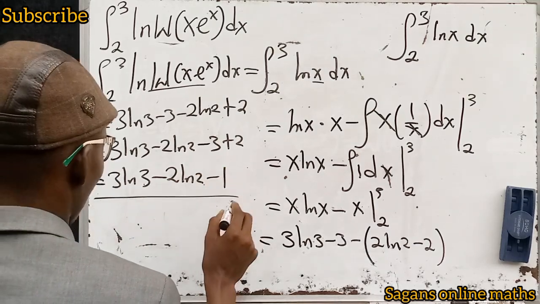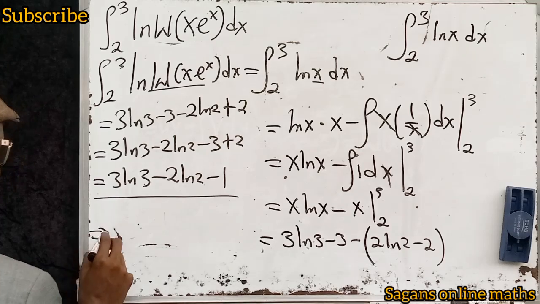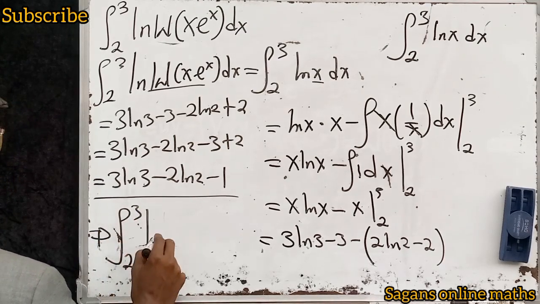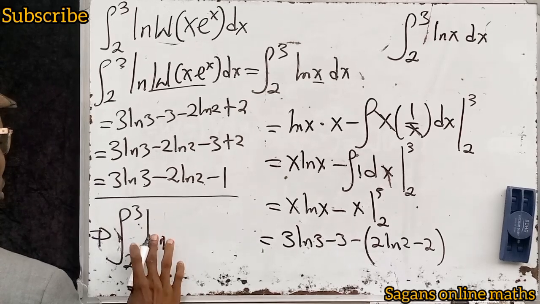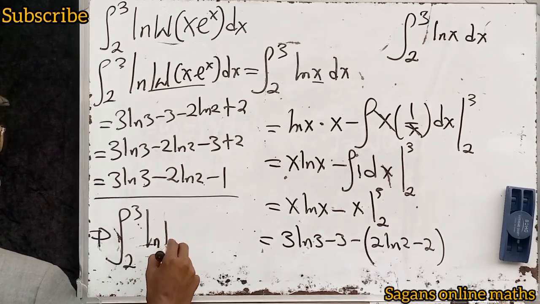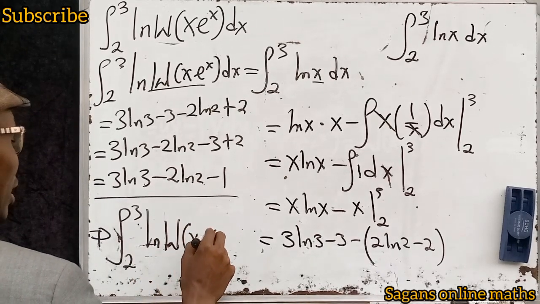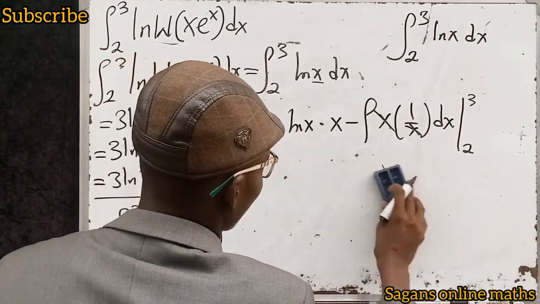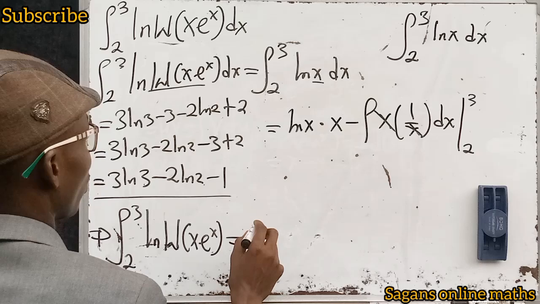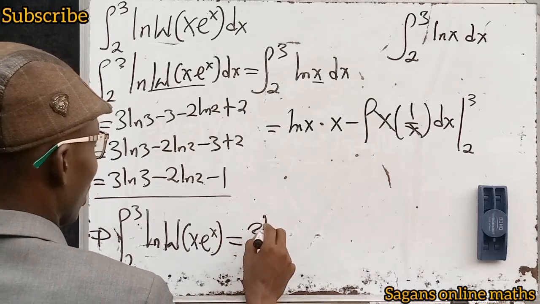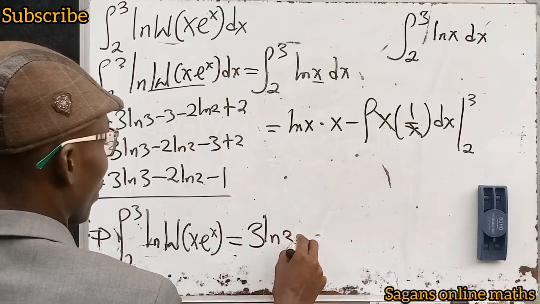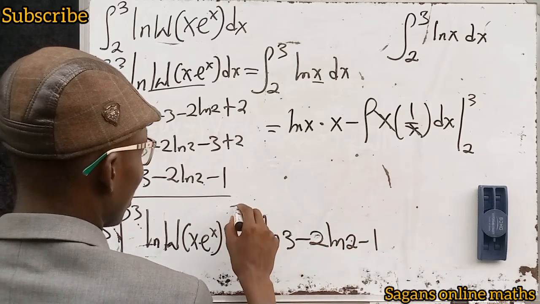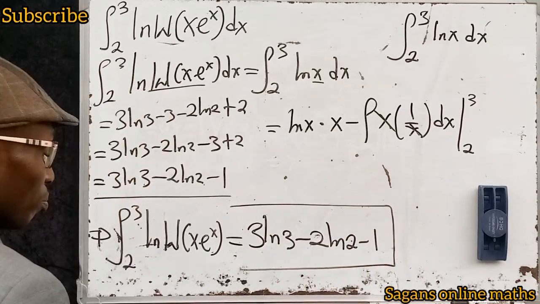So this is the solution. And this implies that the integral of 2 to 3 ln of the Lambert function of s multiplied by e to s is equals to 3 ln 3 minus 2 ln 2 minus 1. And this is the answer to this particular problem.